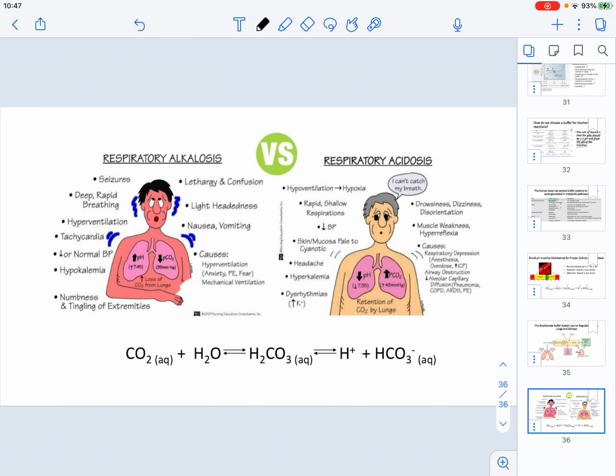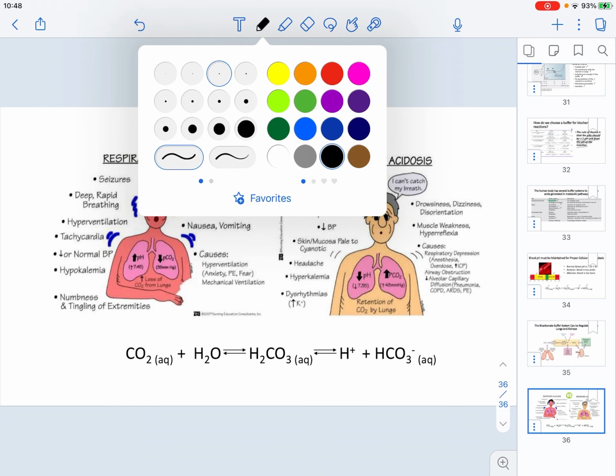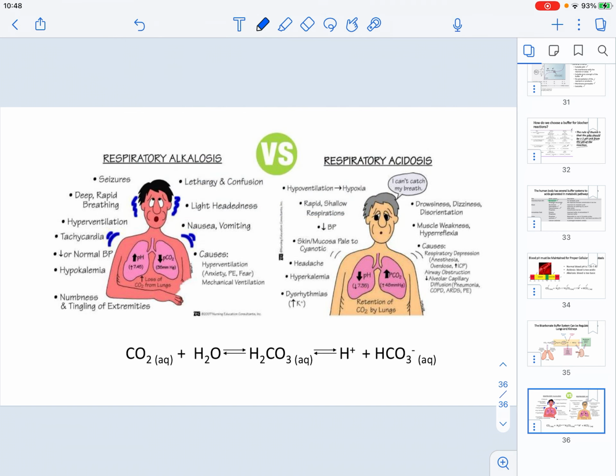So let's look first at respiratory alkalosis. In respiratory alkalosis, this is a condition in which, as you can see, the effects are very serious, creating seizures, deep rapid breathing, hyperventilation, and so on.